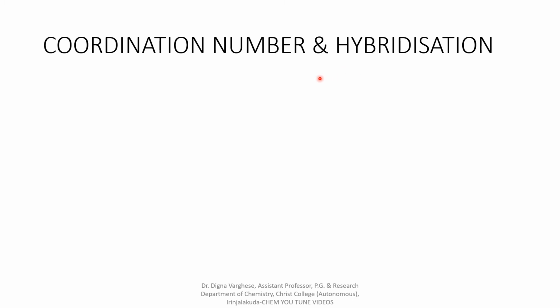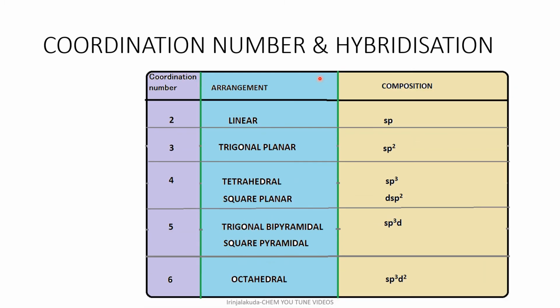Coordination number and hybridization. For coordination number 2, the hybridization is sp. Its arrangement is linear. For coordination number 3, sp2 is the hybridization. Trigonal planar is the arrangement.